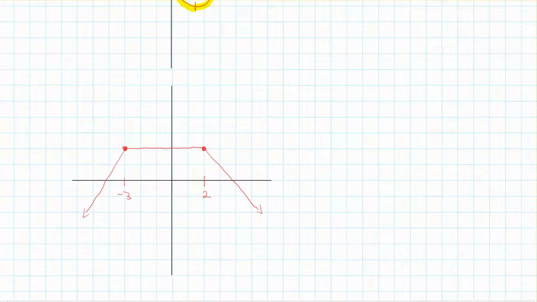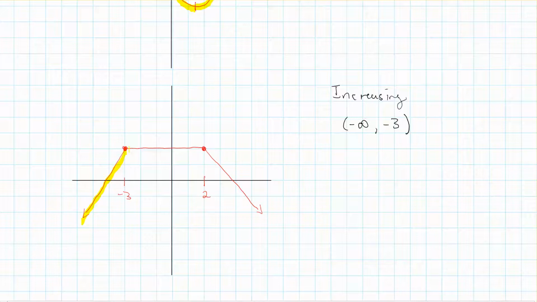Again, we want to do the intervals of increase, decrease, and constant. I'm just going to highlight here. If I start going from left to right, I'm clearly going up, so I'm increasing all the way until I hit x equals -3. So let's write increasing, and the interval would be from -infinity up to -3.